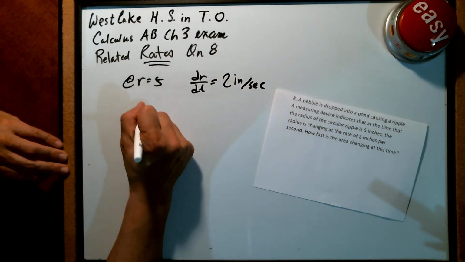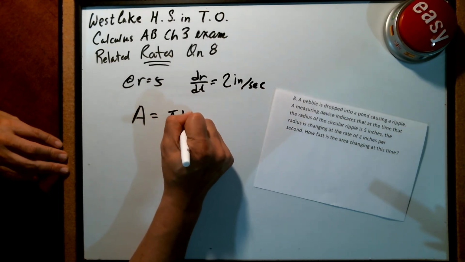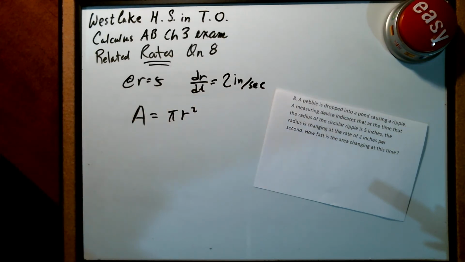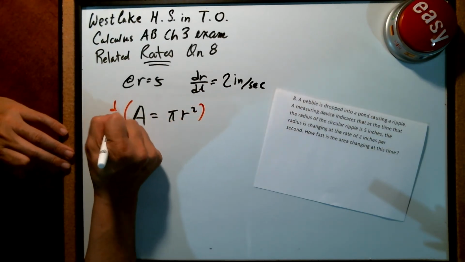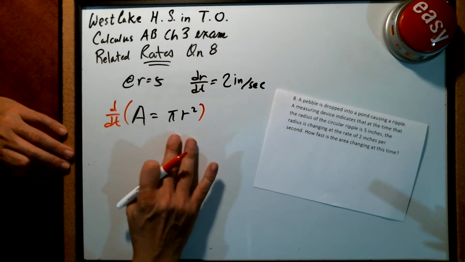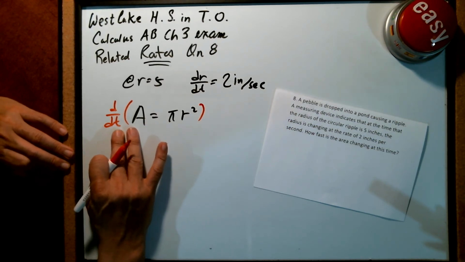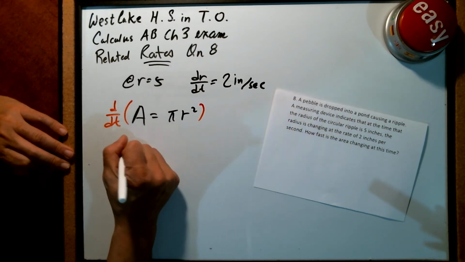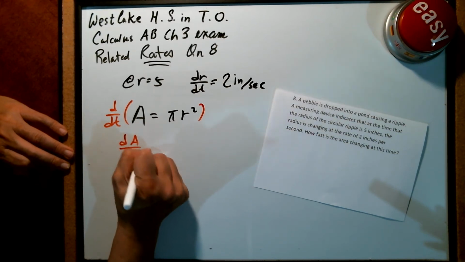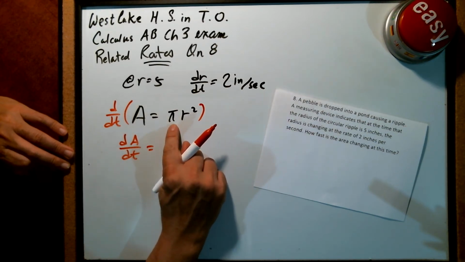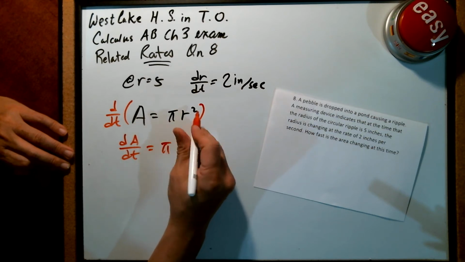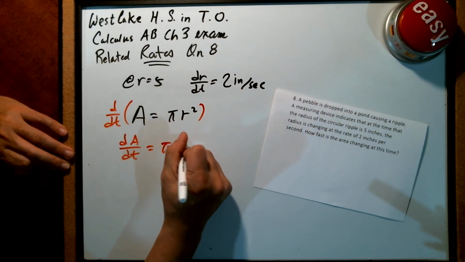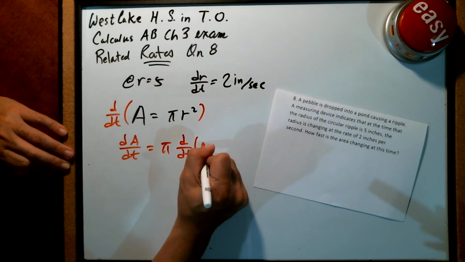So we know that the area of a circle is equal to pi r squared. I'm going to use red pen right now. I'm going to take the derivative with respect to time of the left side as well as the right side. The derivative of A with respect to time is going to be dA/dt. For pi r squared, we're going to factor out pi first, and then take the derivative with respect to time of r squared.